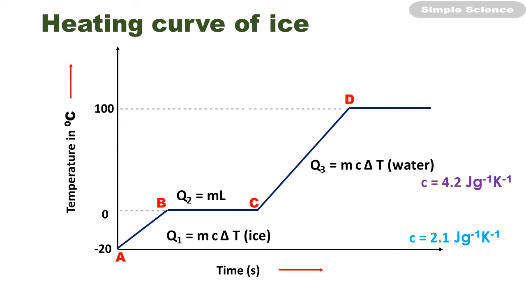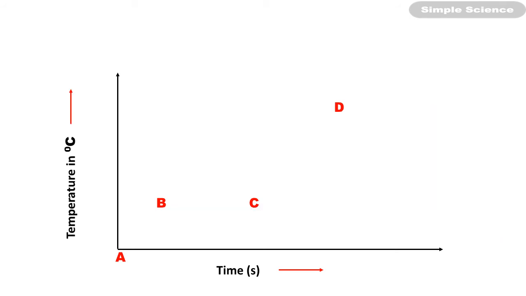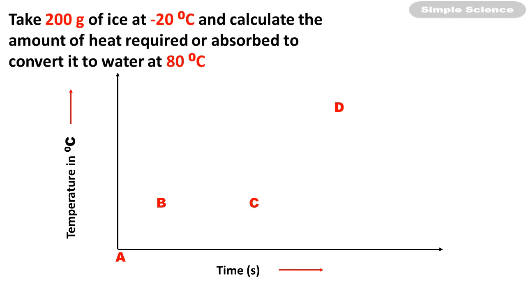Water takes more heat. That means in this case the specific heat capacity of water is more than specific heat capacity of ice. That means ice will absorb less heat for same rise in temperature, unit rise in temperature, as compared to water. Now let us take one question to understand this kind of questions.